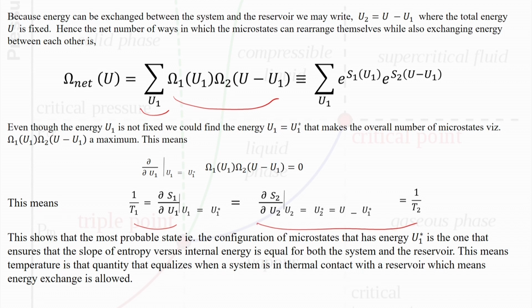Rather, the physical meaning is that temperature is what equalizes when you allow two systems in thermal contact to approach equilibrium. So temperature has a very concrete physical meaning, which is exemplified by this relation, and this is something we rigorously derive by looking for the most probable energy.